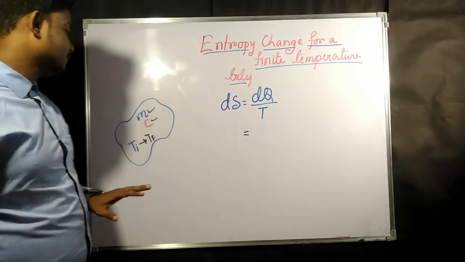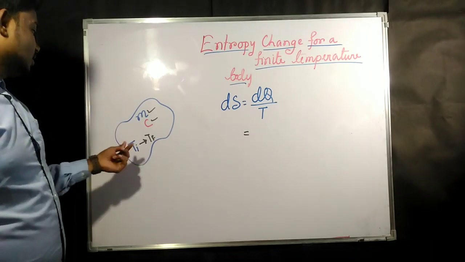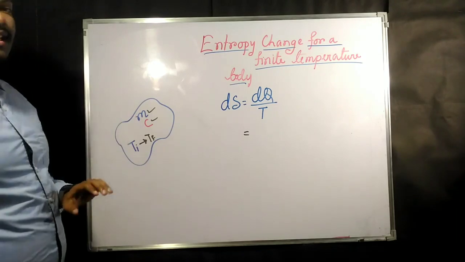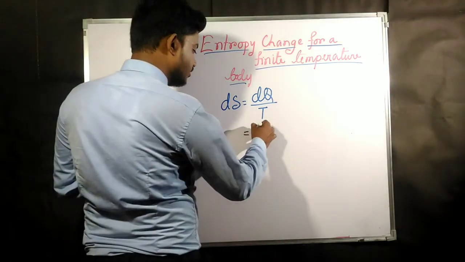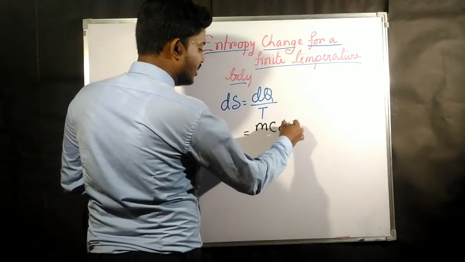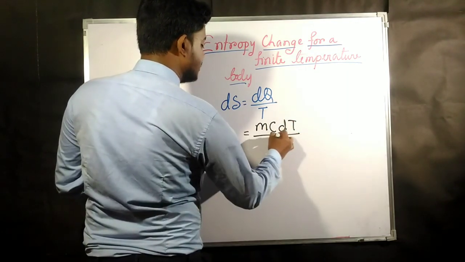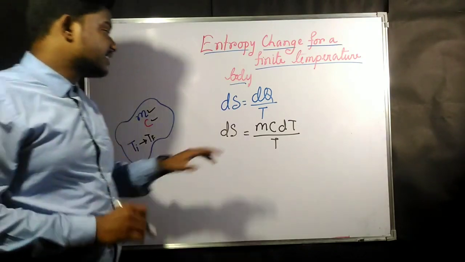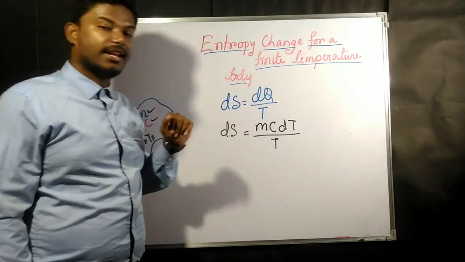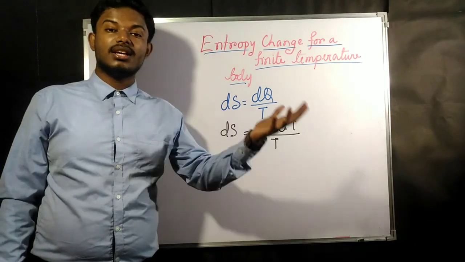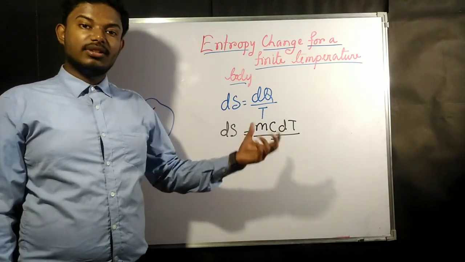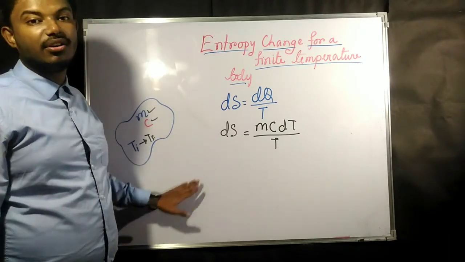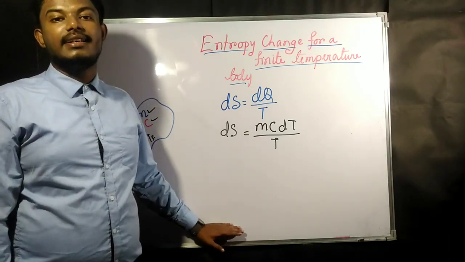Now what is going to be the heat transfer for changing the body from Ti to Tf? We all know that this is going to be m into c into dT, so ds is m c dT by T. Here T is the temperature at which the body is giving out the heat. In the reservoir case, we had taken the source at temperature T1 and found ds equal to Q by T1.